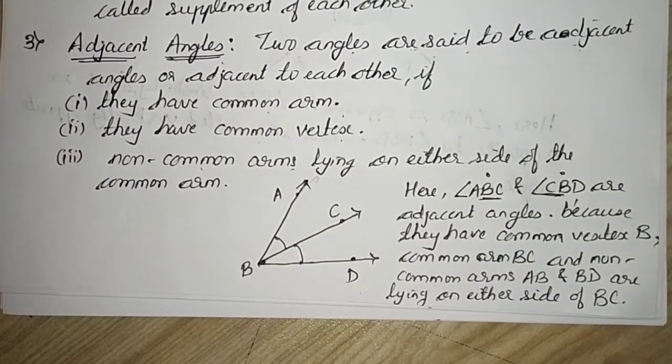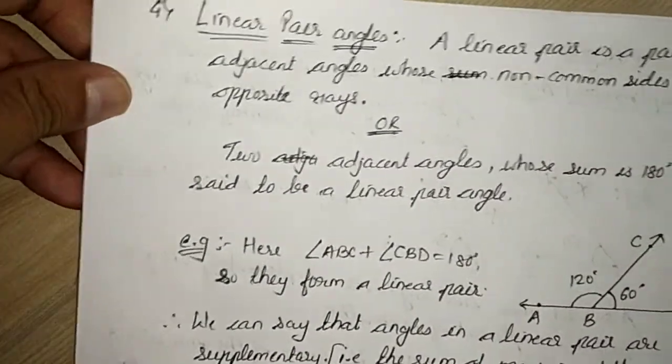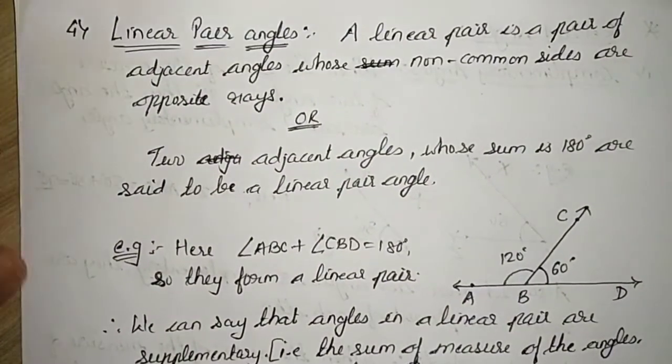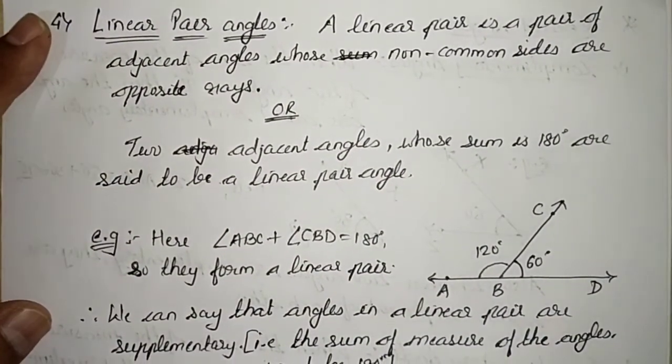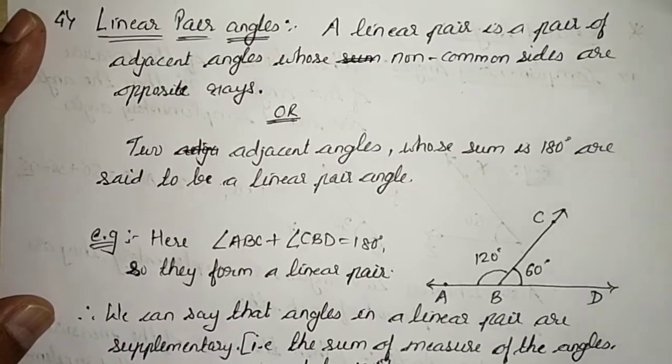Now moving to the fourth one, linear pair angles. A linear pair is a pair of adjacent angles whose non-common sides are opposite rays.